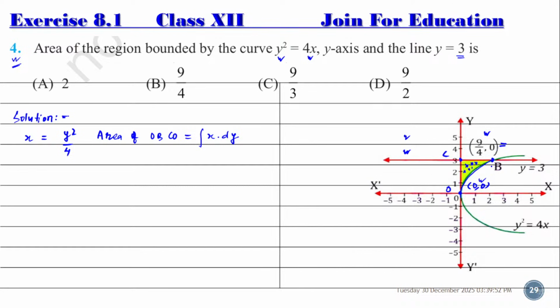I hope there is no problem understanding that. So here y changes from 0 to 3.